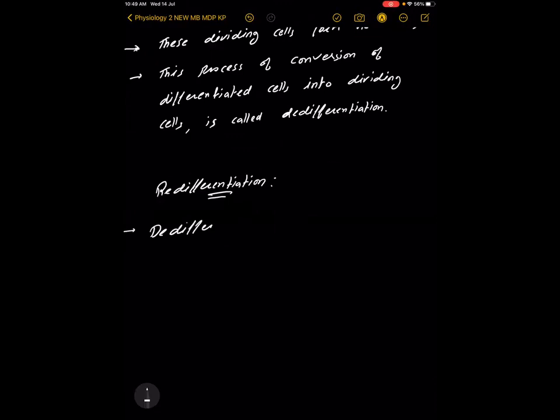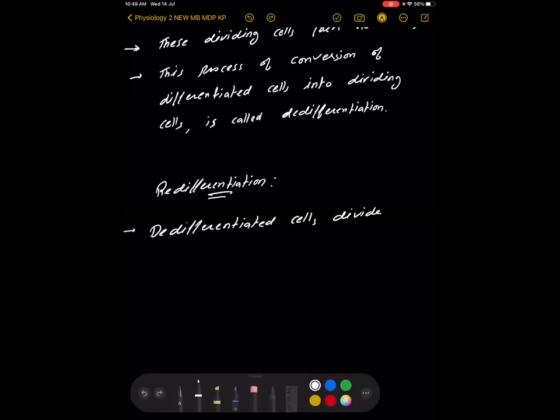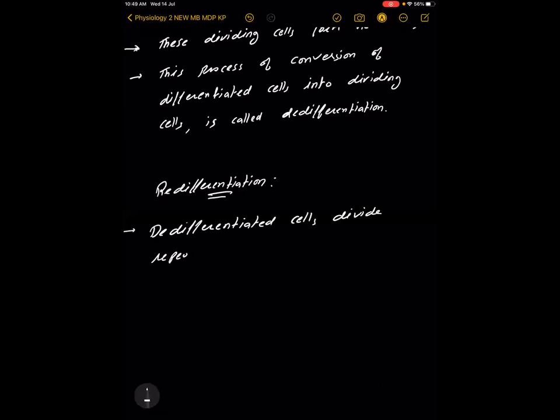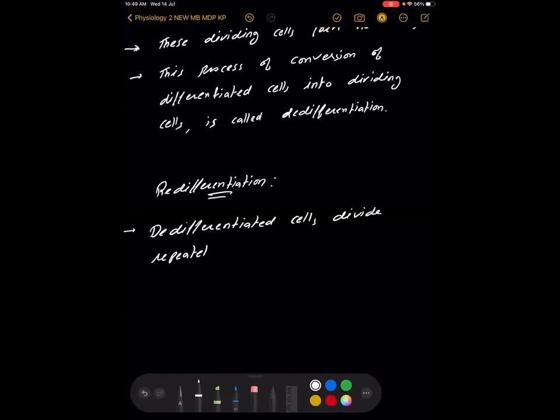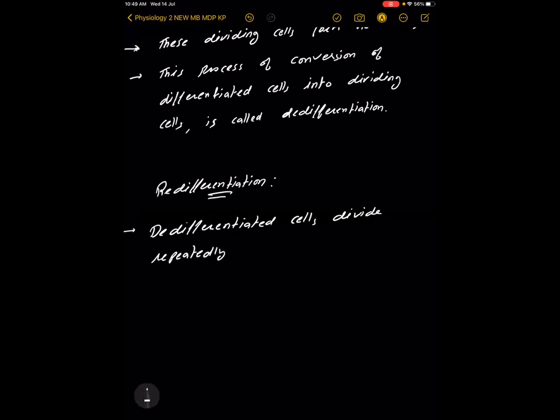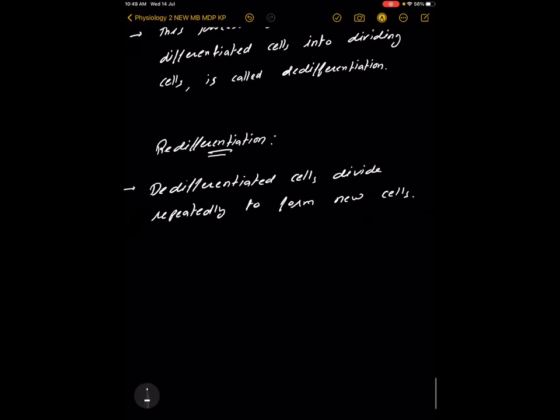Dedifferentiated cells divide repeatedly to form new cells.